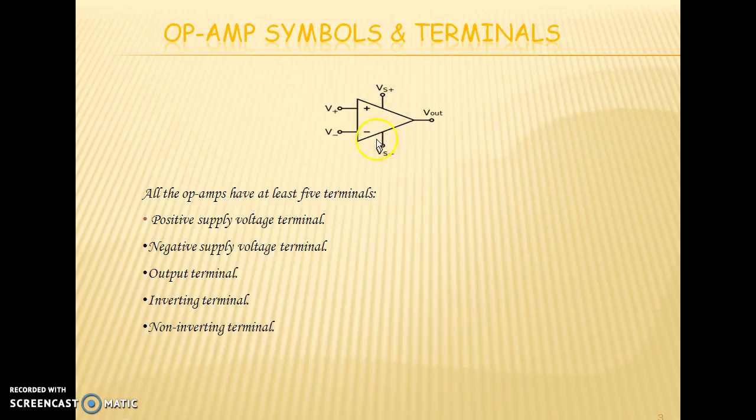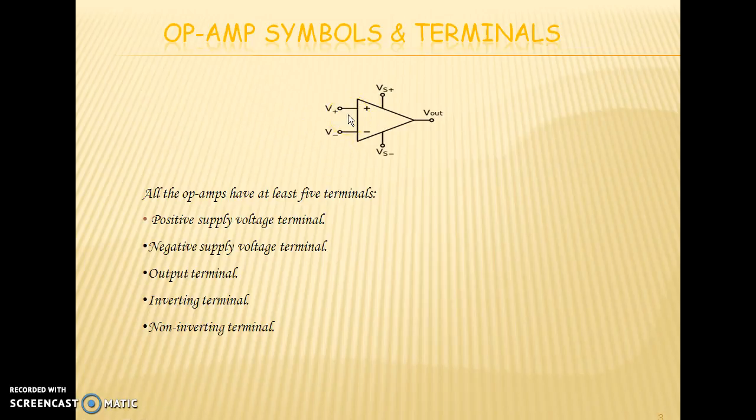Second, we have the negative power supply, that is the minus VCC or VS minus. Third, we have the output terminal, Vout. Fourth is the inverting input terminal marked as negative. And the last one, the fifth one, is the non-inverting input terminal marked as positive.